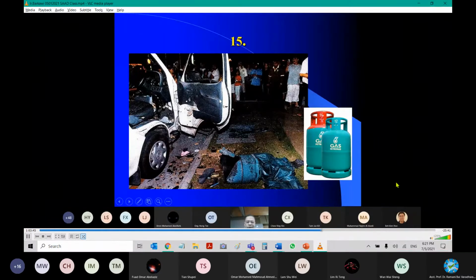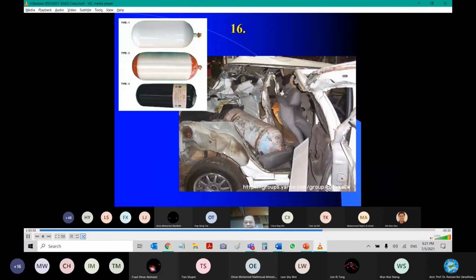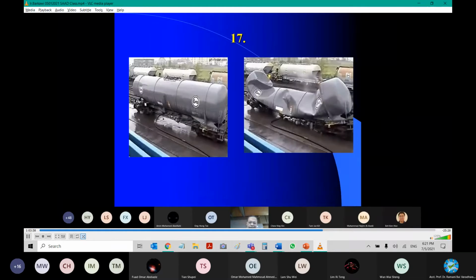Another load which you should also take into account is atmospheric pressure. And if you think that atmospheric pressure will not cause failure, then think twice when you see this. Okay, what is this? It is a normal tank, right?